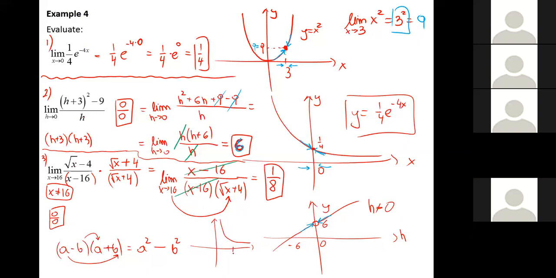And at 16, we still have to remember the function is completely undefined. That means its point is removed, but we know the level of that dot, 1 over 8. Okay, that means that's the point of the limit.